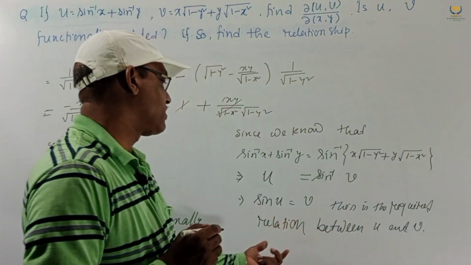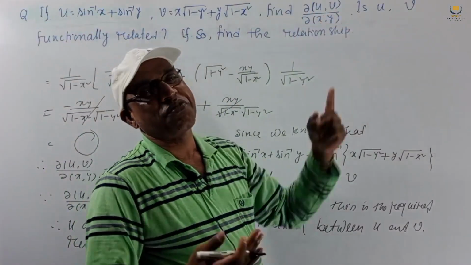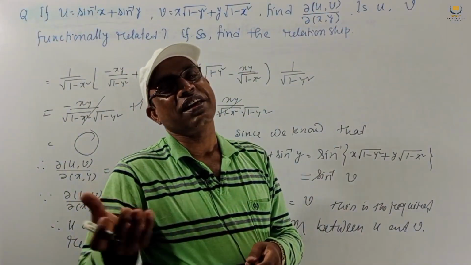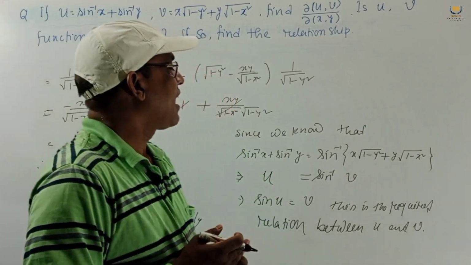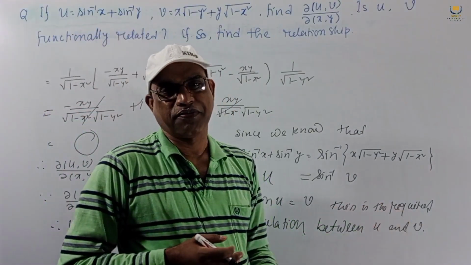This is the required relation between u and v. This is the answer. So first we get, if the Jacobian is 0, then u and v are functionally related, and the relation is that sin u equal to v. This is the required relation.